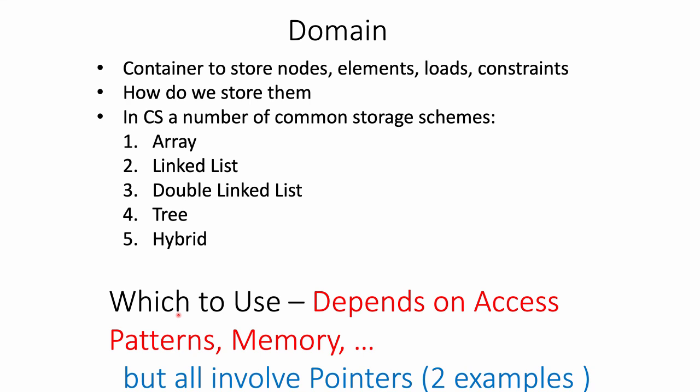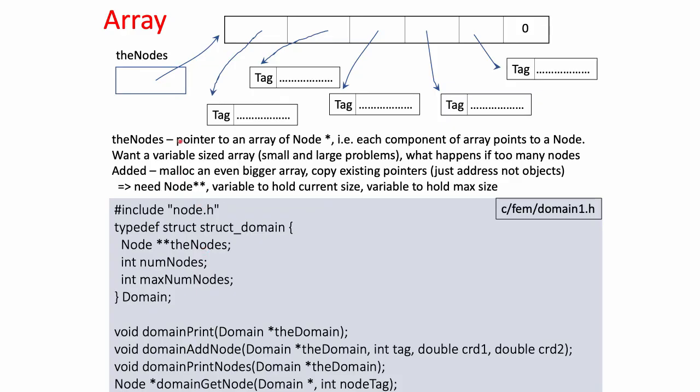How do you think the elements are going to access the nodes? That will really determine which data structure is best to store the nodes. The data structure to store the nodes might be something different from the one to store the elements and the loads as well. So this is an example of an array data structure for storing the nodes.